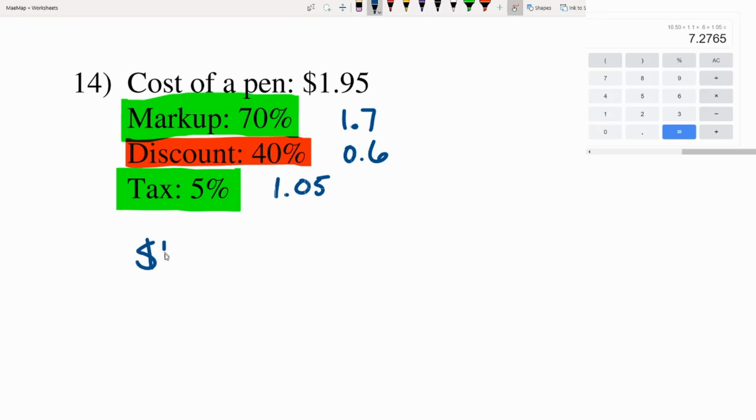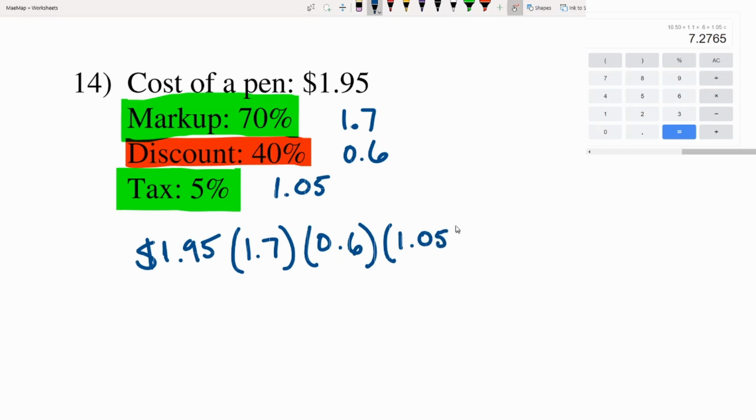So we'll take $1.95, multiply it by 1.7, multiply it by 0.6, and then multiply that by 1.05. So now going to the calculator, we'll get about $2.09.